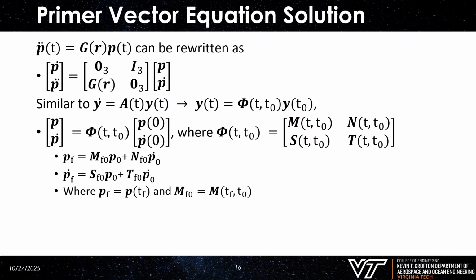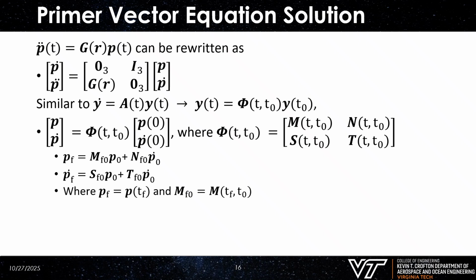This is similar in form to y dot equals A times y, which is a very popular differential equation. And our y of t would be equal to our state transition matrix times our initial conditions for y.